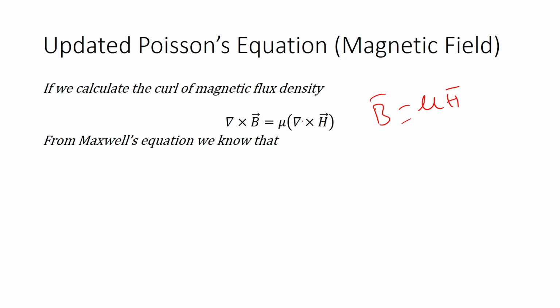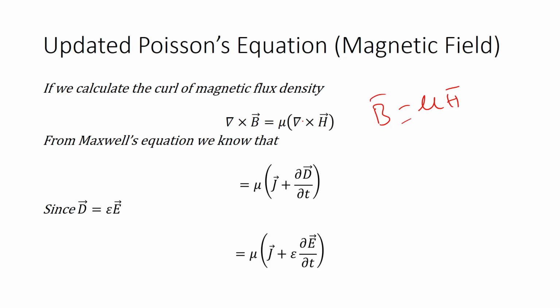From Maxwell's equation, we know that del cross H bar is equal to J bar plus dou D bar by dou T. And we also know that D bar can be expressed as epsilon times E bar. Therefore, del cross B bar is equal to mu times J bar plus epsilon times dou by dou T of E bar.